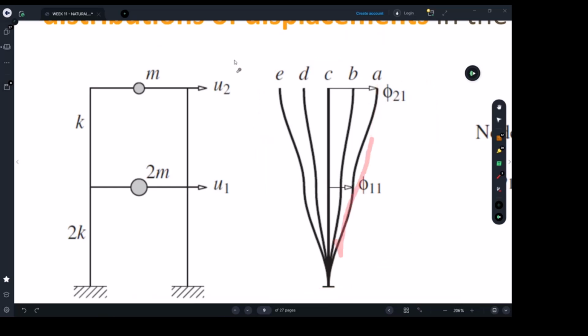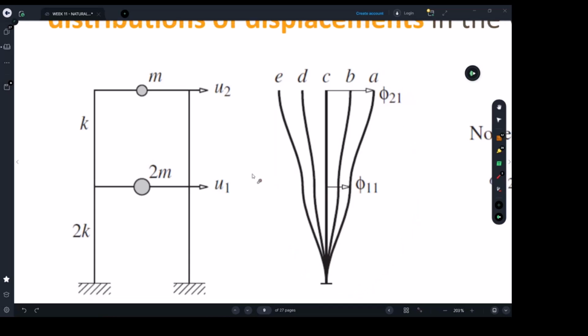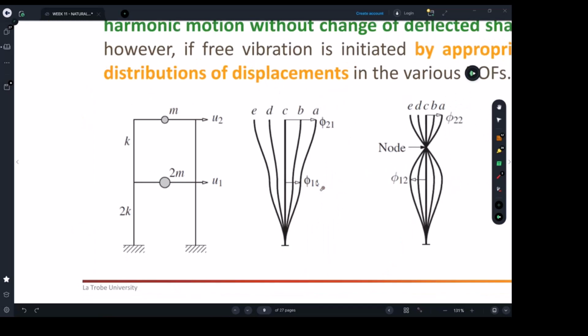A is here, then it's going to go to E, then to B, then D, then C. So do we have a case where the building is going to vibrate with this kind of homogeneous and harmonic motion? The answer is yes, but you just need to pre-deform it with the correct shape.